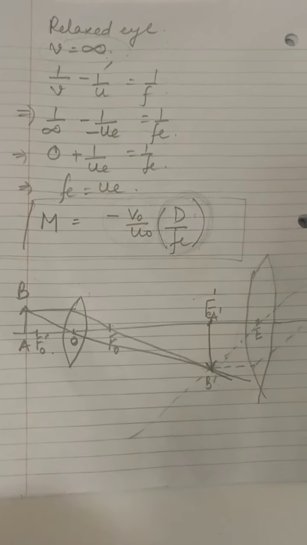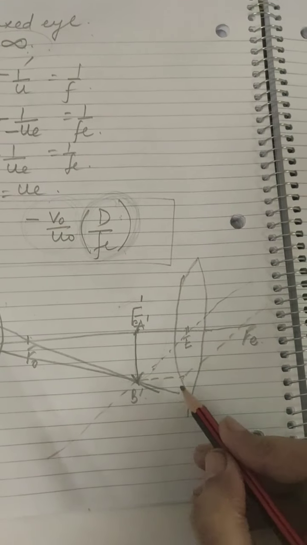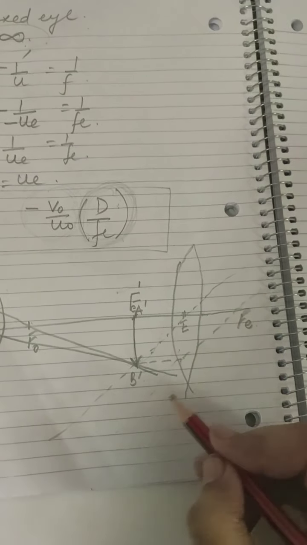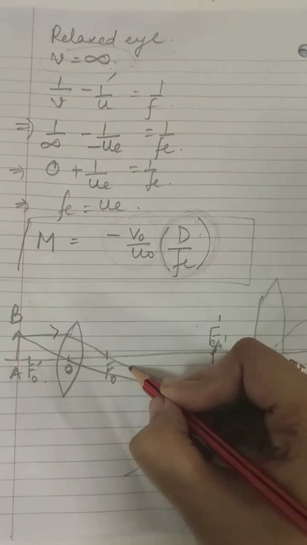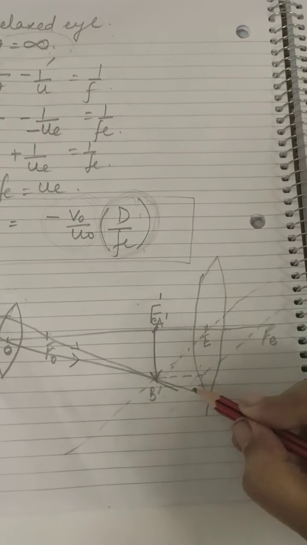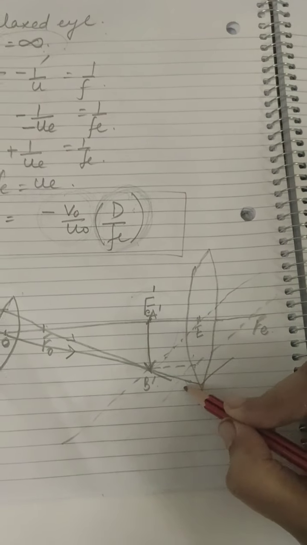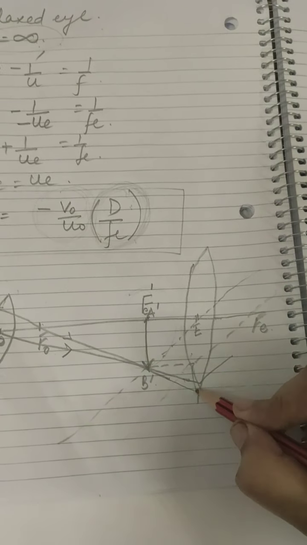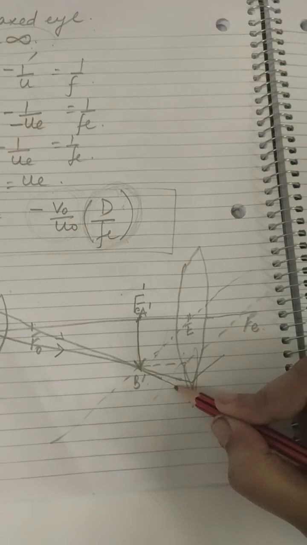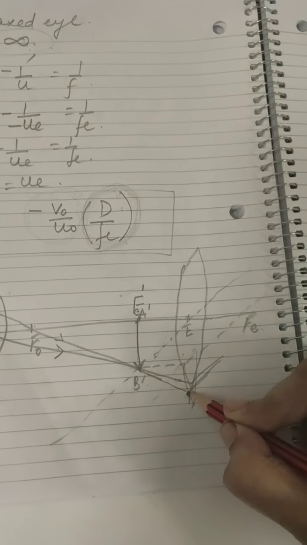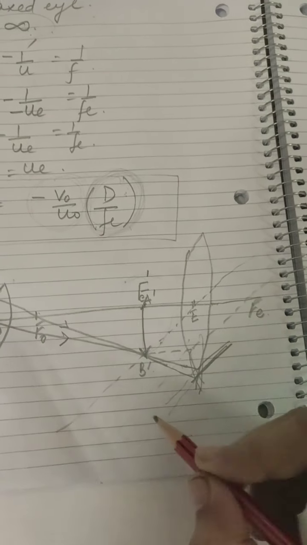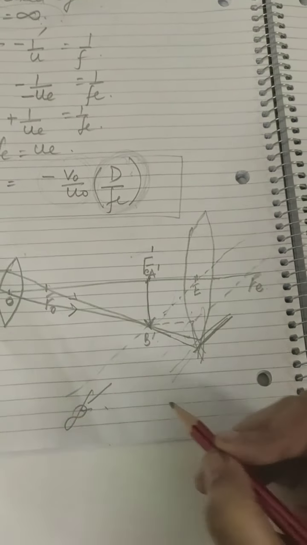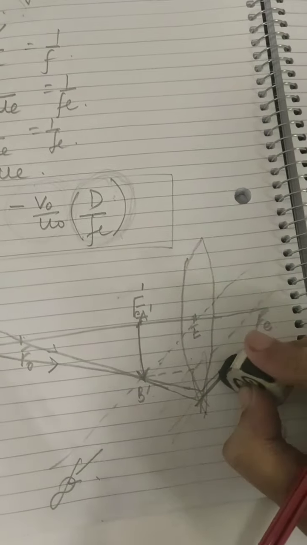Even if you bring these two rays over here, if you make the convex lens eyepiece bigger, these two rays are also parallel and will never meet.